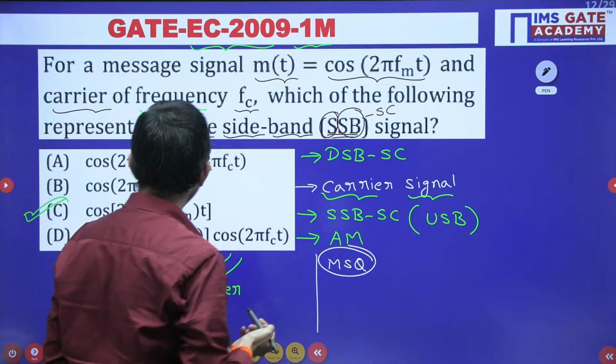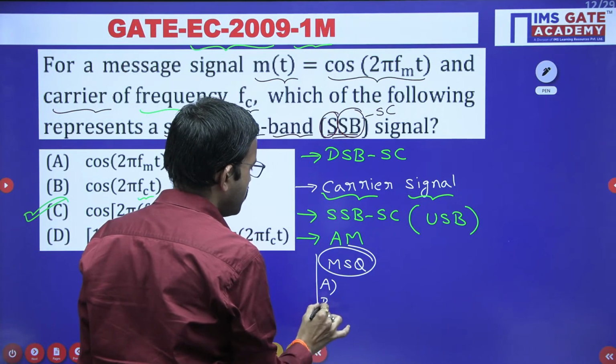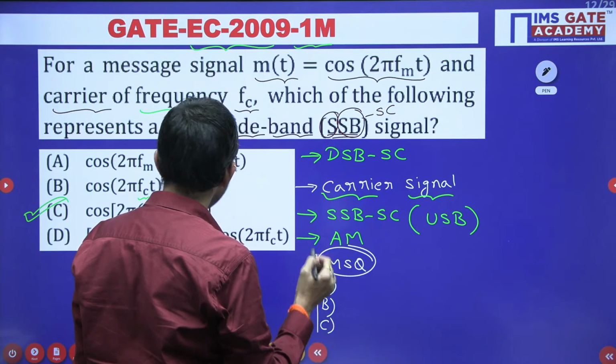Option A is whatever they have given, the same thing. Option B, same thing. Option C, same.